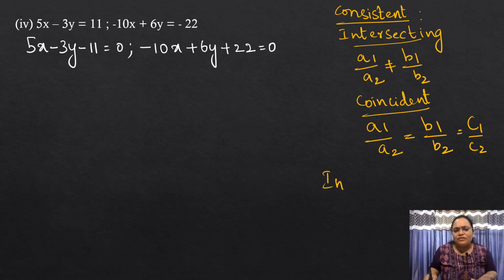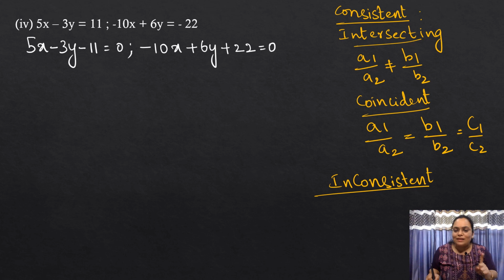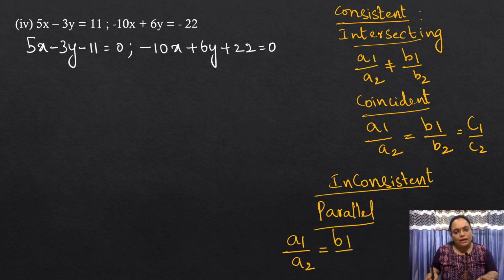And if it is inconsistent, it has only one condition, that is parallel. So what is the condition for parallel? a1 by a2 is equals to b1 by b2 is not equals to c1 by c2.